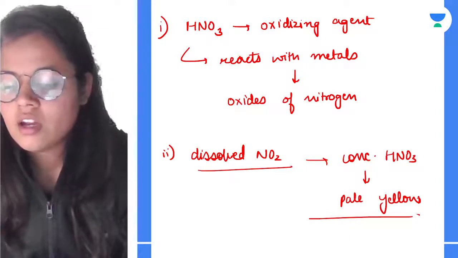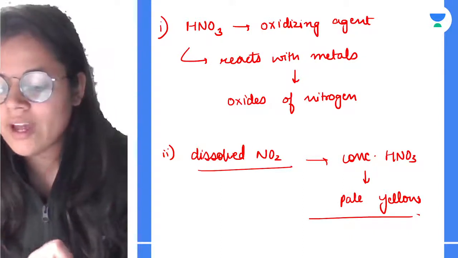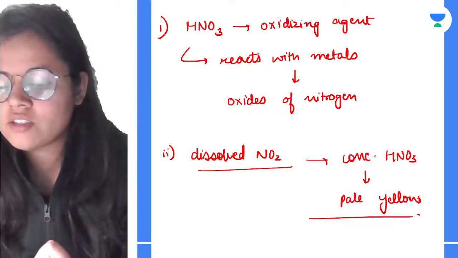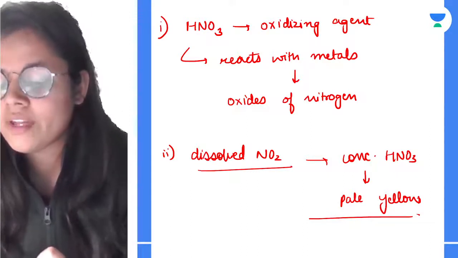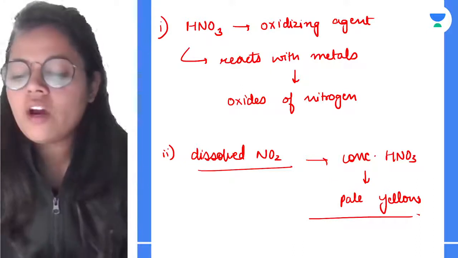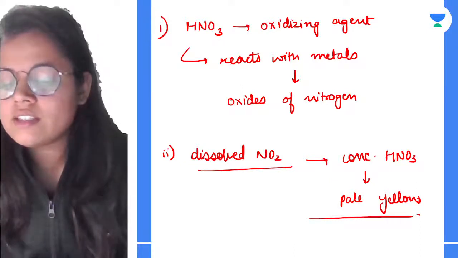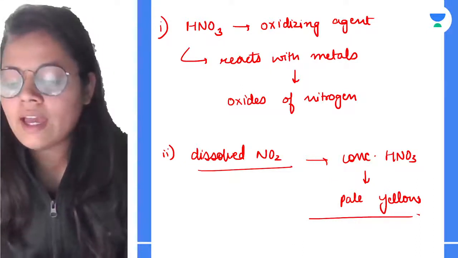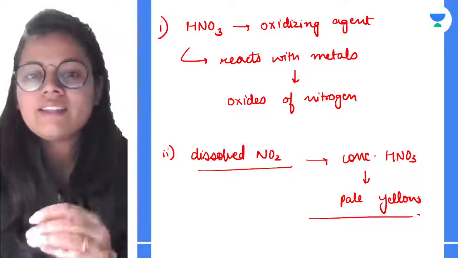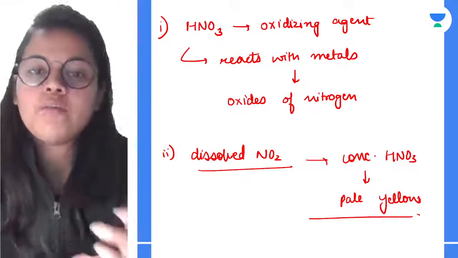Yes, Srishti. Okay, so Srishti, your question was why concentrated sulfuric acid is used in the preparation of HCl and not any other acid. See, concentrated sulfuric acid has a high boiling point.